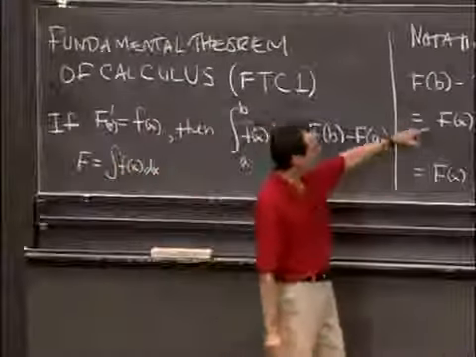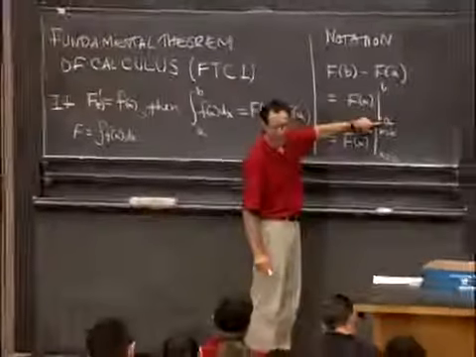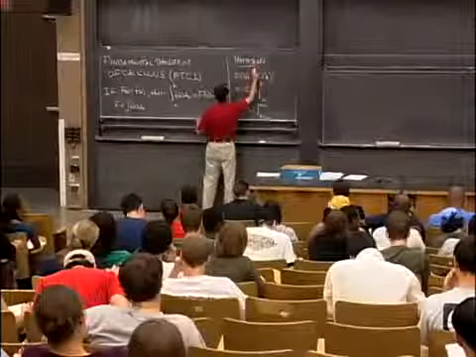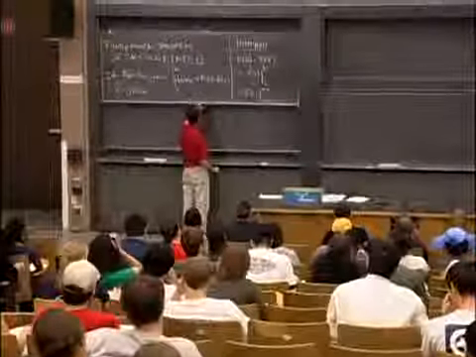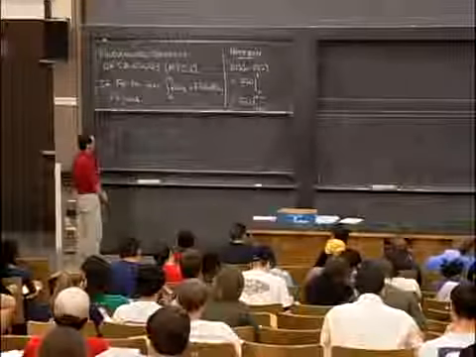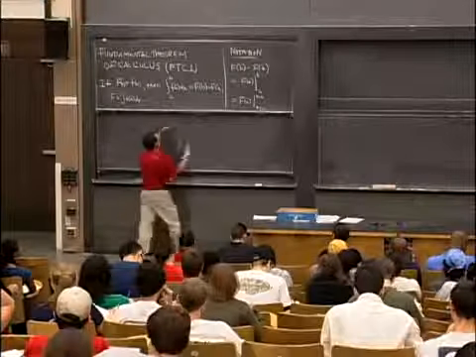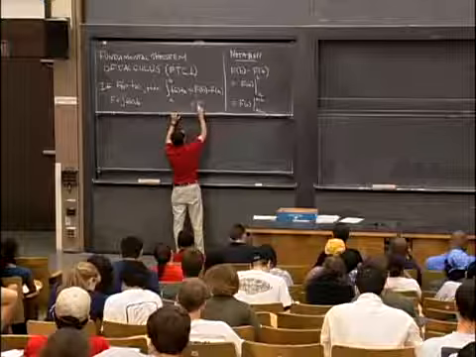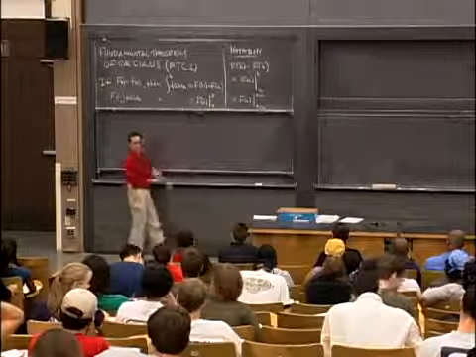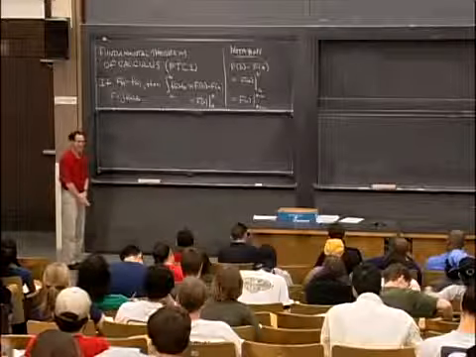And now you take the top value minus the bottom value. So F of b minus F of a. So this is just a notation, and in that notation, of course, the theorem can be written with this set of symbols equally well.